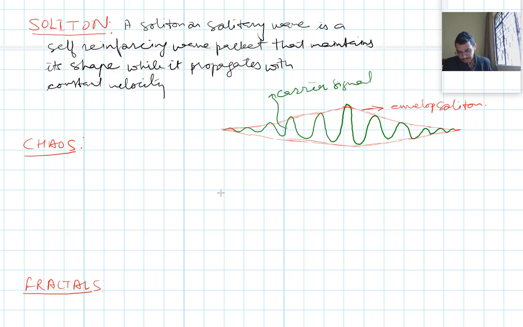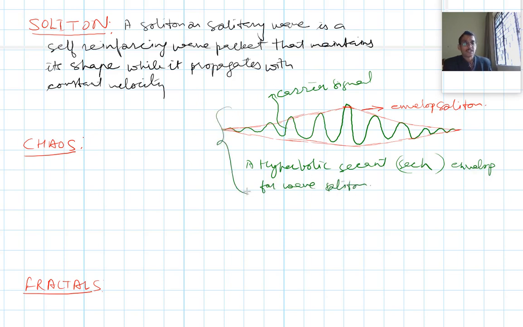This is a very simple example. It is basically a hyperbolic secant, that means a sech envelope, for the wave. So this is a brief idea about the soliton, but it is beyond the scope of this book, so I am not going into detail of it.